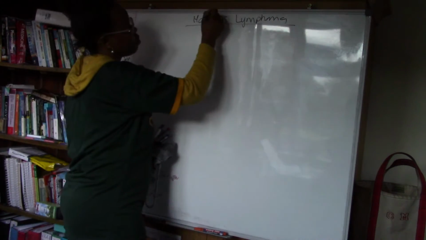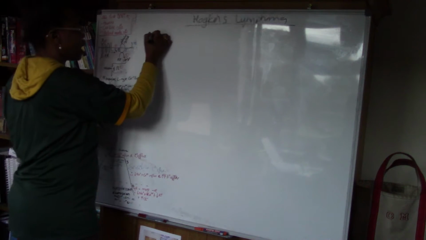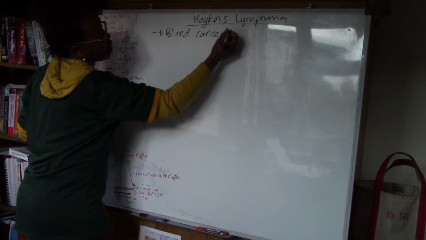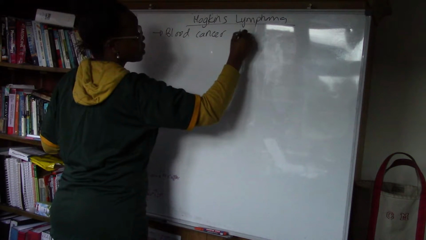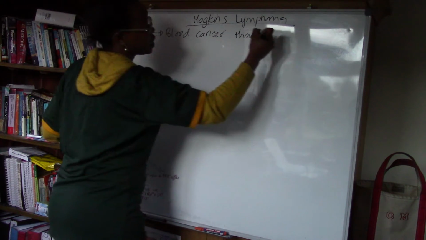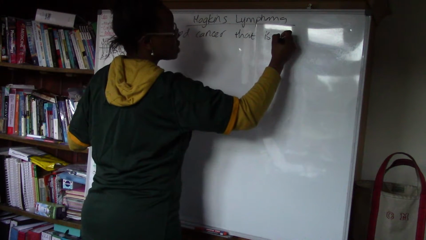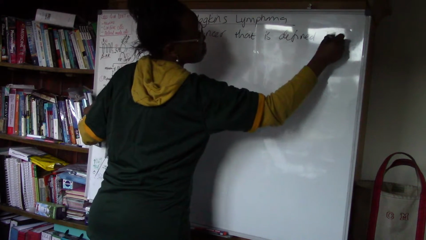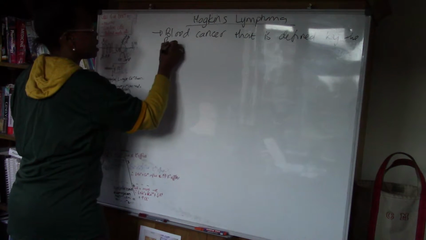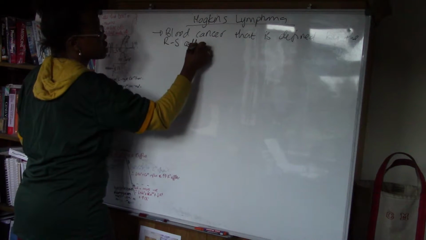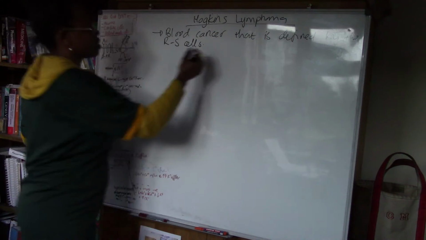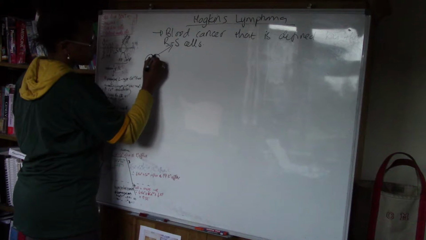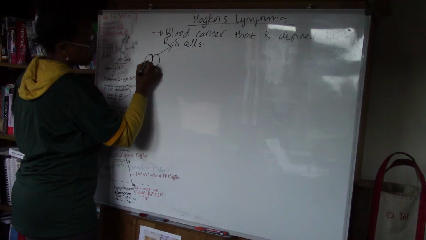Anyway, Hodgkin's lymphoma is a blood cancer, as we have said. I'll say defined by the presence of the Reed-Sternberg cells. And Reed-Sternberg cells, as I've already said, are bilobulated nucleus cells.